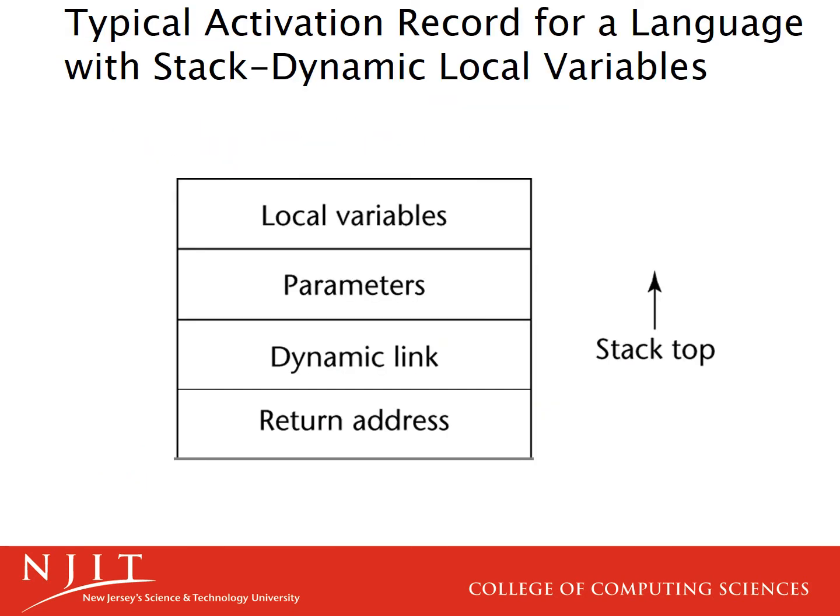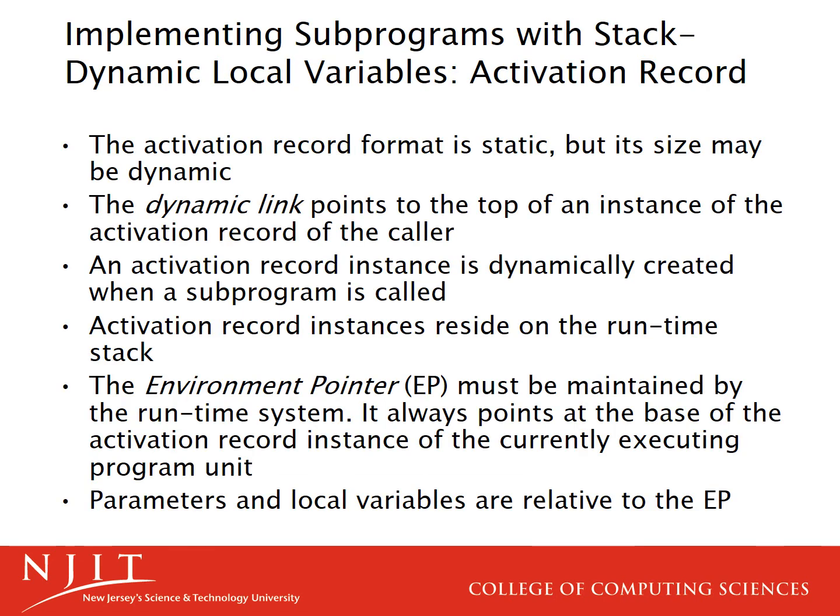If I could look at the activation record, it would look like this, right? There's some return address, there's some mechanism of linking one call to another, there's the parameters, and there's the local variables.